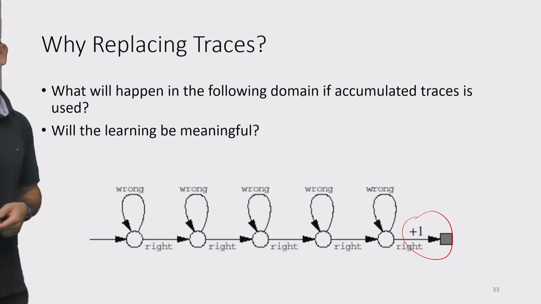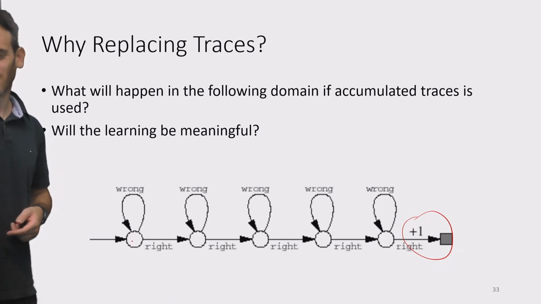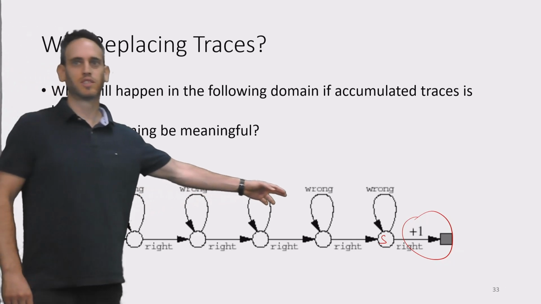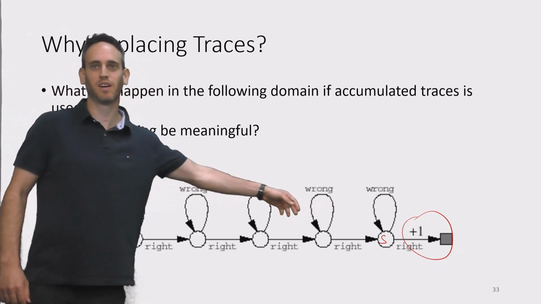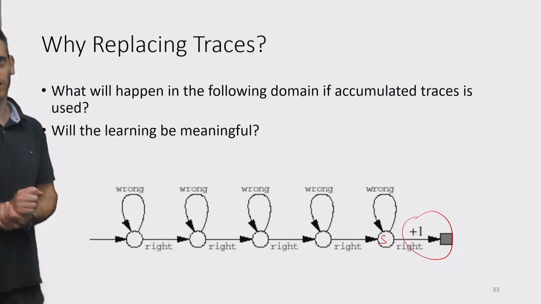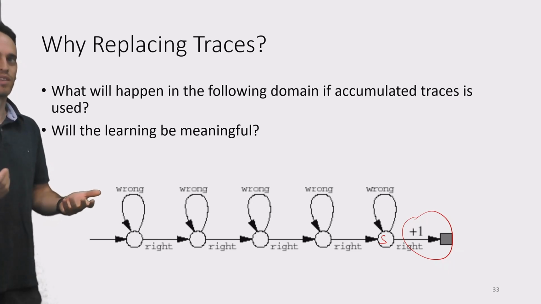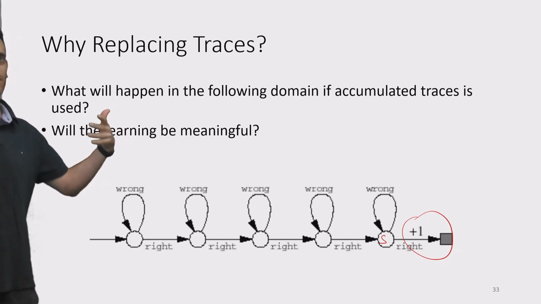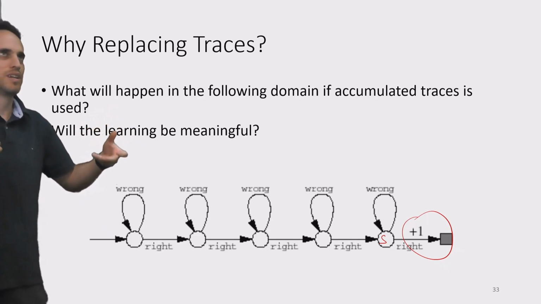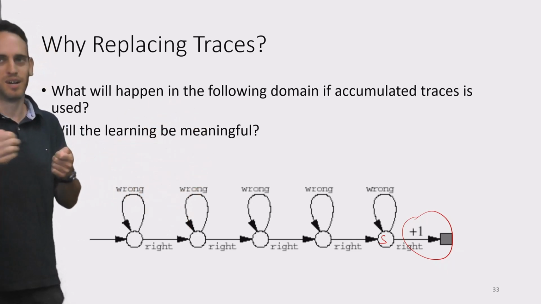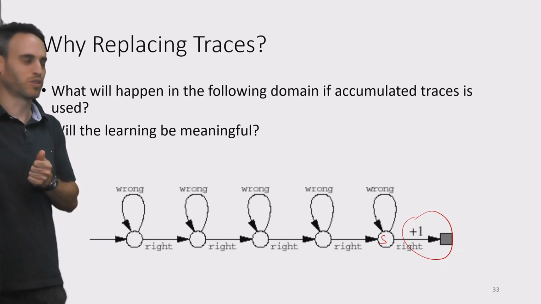So the wrong action, if you repeat them, right? So in some sense, I can repeat the wrong action in this, let's say in this state here, at the state at the end. If we take the wrong action several times at the last state there, the eligibility, if we accumulate it, will be very high for taking the wrong action at state S. Eventually we'll take the right action and we'll decay all of our previously accumulated eligibility, but we'll just decay it a little bit and it will be accumulated to such high value that it might be higher than the eligibility trace for the right action.